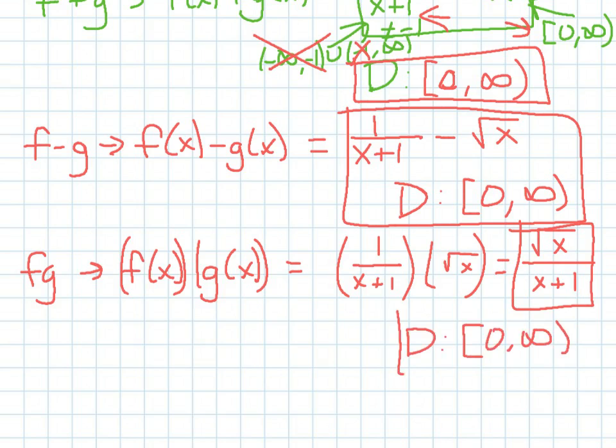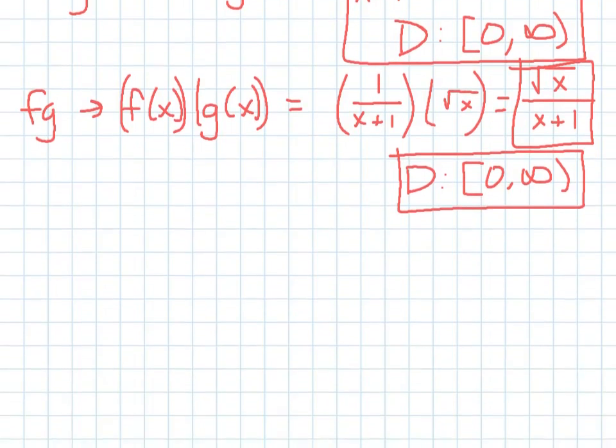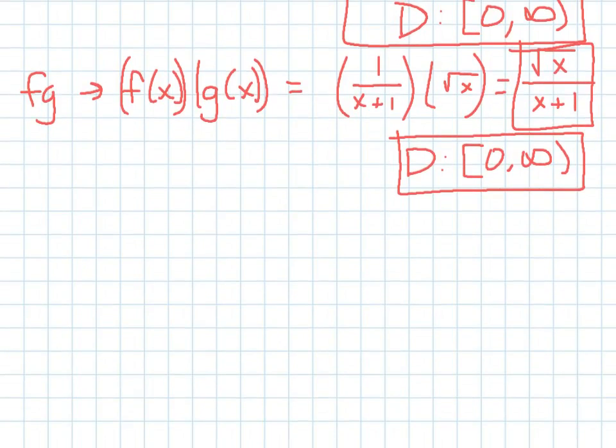Now let me specify, usually it's not always the case, but usually your addition, subtraction, and multiplication will have the same domain, which is kind of nice, so you don't have to think really super hard about it.